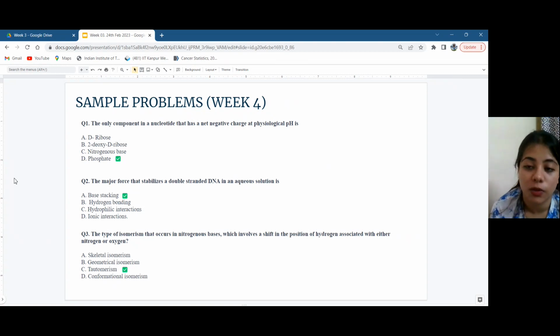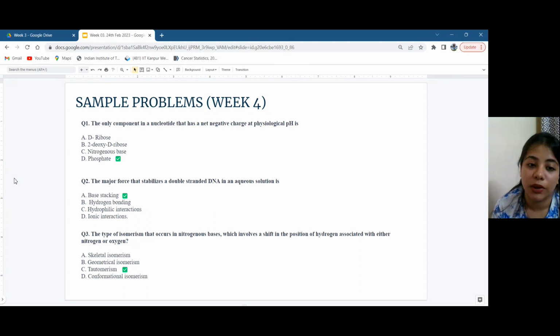But under normal circumstances within a cell at physiological pH of 7 to 7.2, the only component of a nucleotide that will contain a negative charge is the phosphate, the PO4 2 minus region. That is actually the component which confers a negative charge to DNA as well. That affects its migration through an agarose gel, as we have discussed initially during this interaction session. So that gives you the answer to this question.